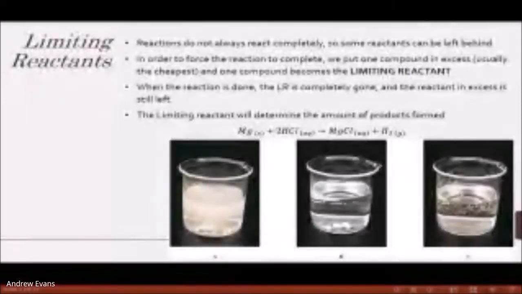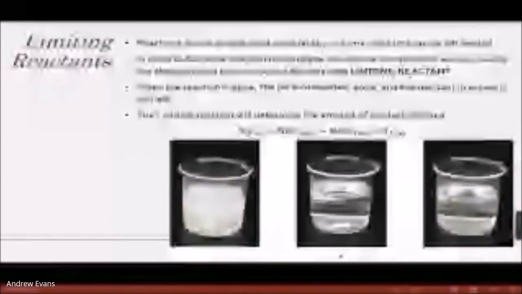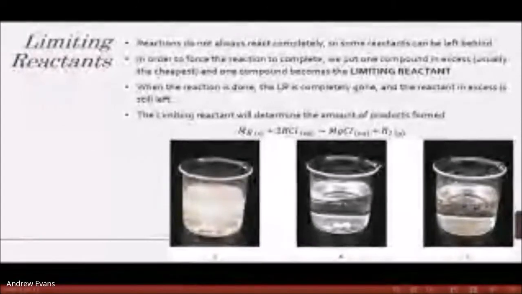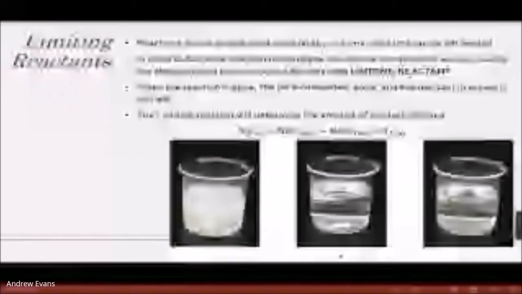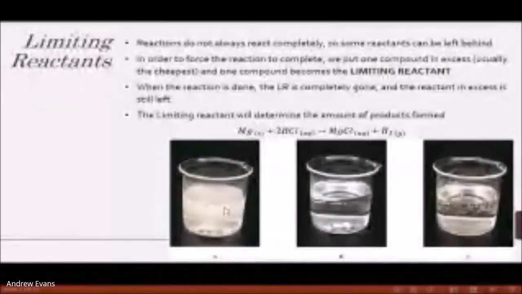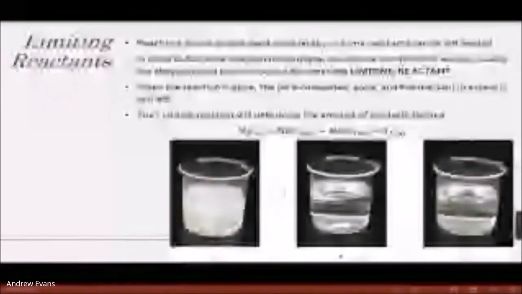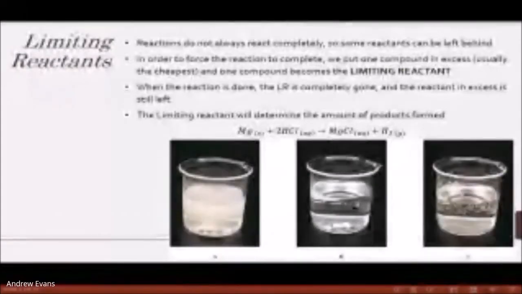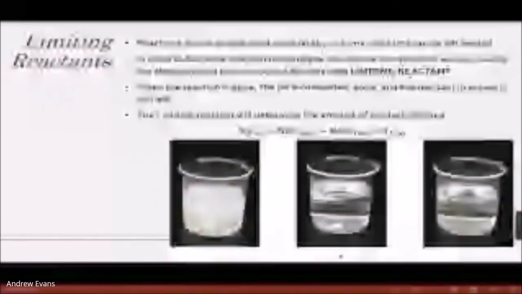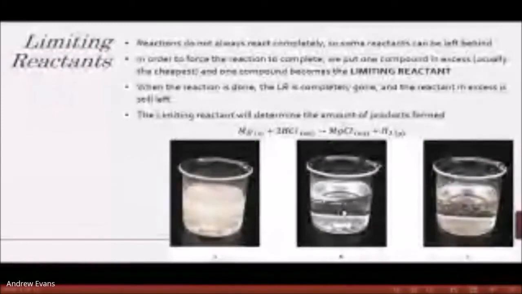Easily, I put magnesium strips into hydrochloric acid, and it's going to bubble out hydrogen gas. If I put this in there, I get this reaction. It starts bubbling. Eventually, you will get to one of two different situations. Either it stops bubbling and there's some magnesium left in the bottom. In this case, the amount of acid in that solution has been fully consumed, and so we can no longer go to products.